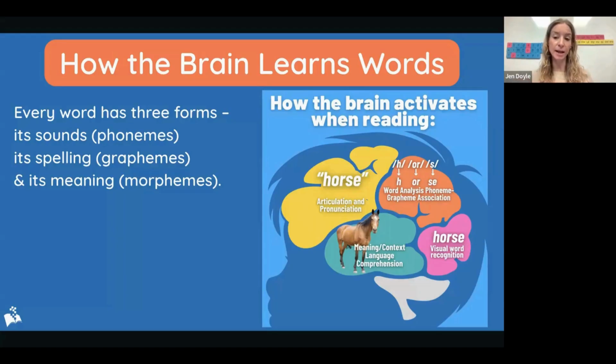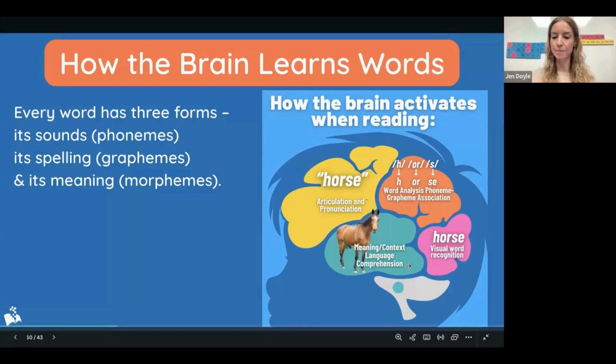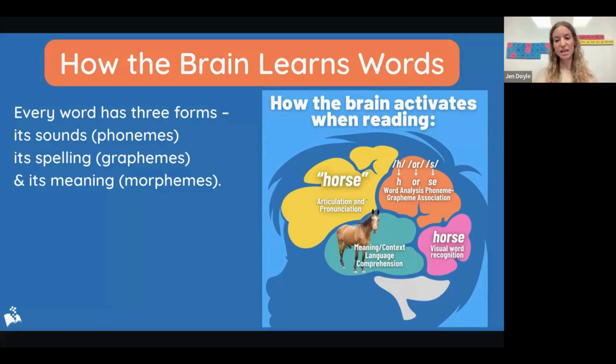And so even if we can say the word, recognize it, read it, decode it, it doesn't really give us anything unless we also have that meaning or that context. So that's why we can't just teach phonics alone. We also need to teach that meaning or the language comprehension to really understand that word and associate it with our background knowledge.